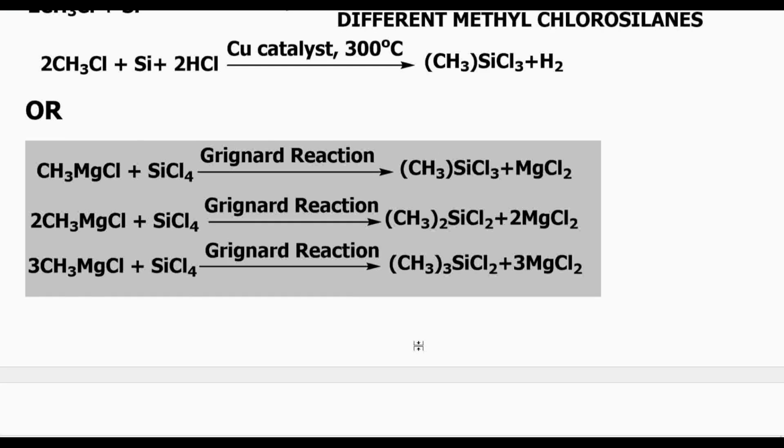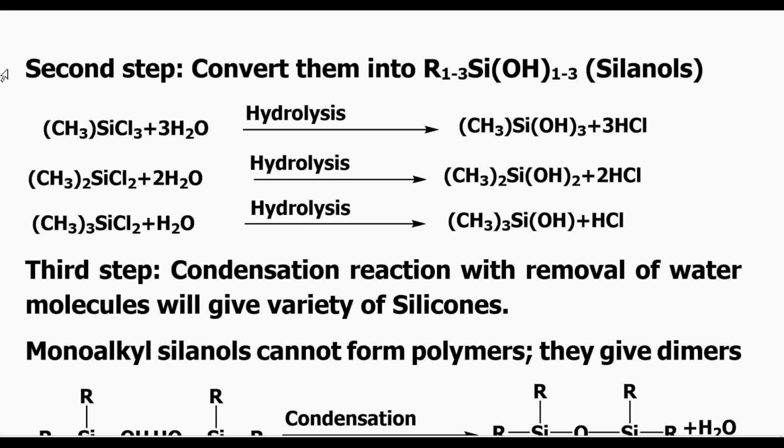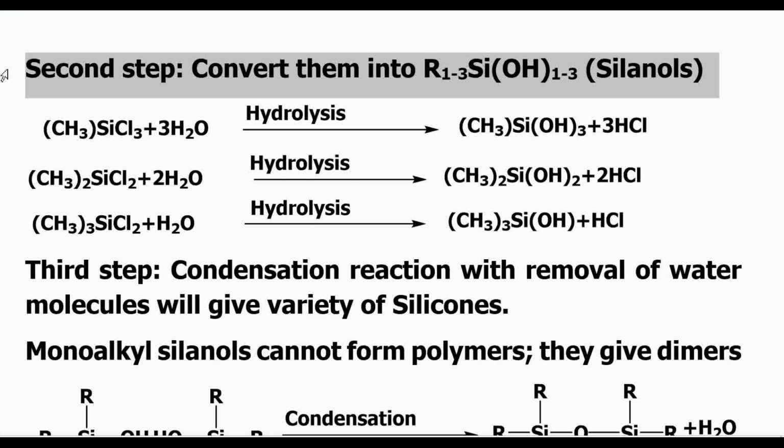Now, in the second step, you have to convert the alkyl silicon halide into a group of compounds known as silanols. You know, in organic chemistry, when you use the suffix ols, then you are talking about alcohols, and alcohols means OH groups.